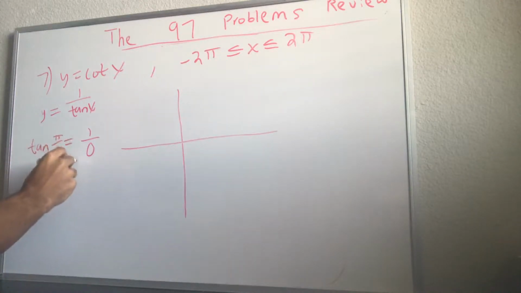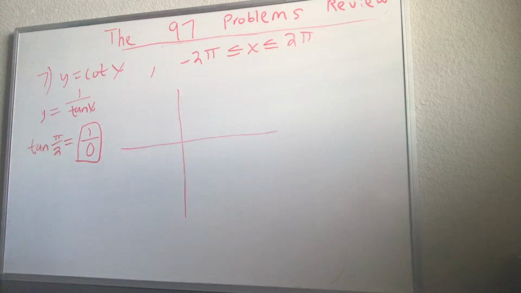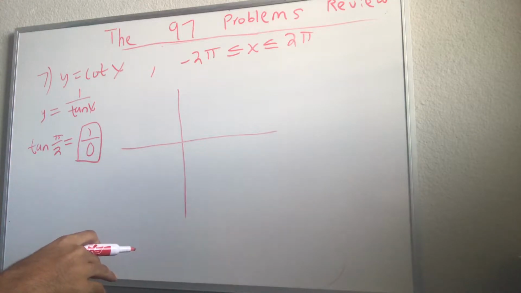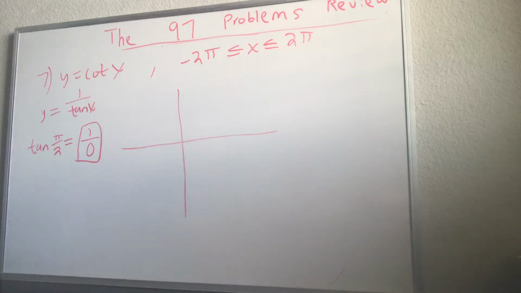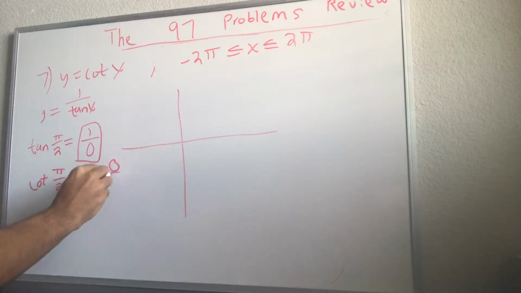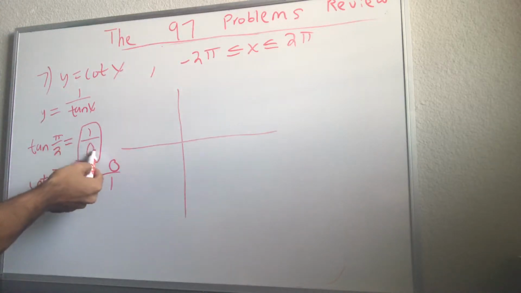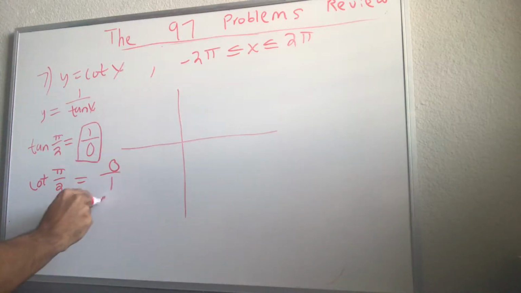I think the best way to put this across is that the tangent of pi over 2 is undefined, and we want to find the inverse, or the cotangent of pi over 2. That is really just 0 over 1, because we are doing the reciprocal. In that essence, we are finding the reciprocal of this value here. That's 0 over 1, so that's just 0.